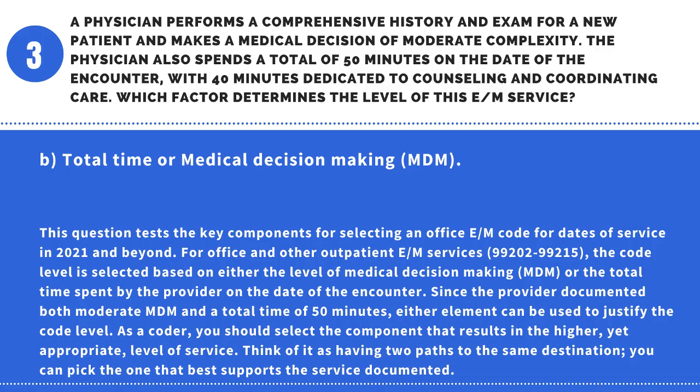Since the provider documented both moderate MDM and a total time of 50 minutes, either element can be used to justify the code level. As a coder, you should select the component that results in the higher, yet appropriate, level of service. Think of it as having two paths to the same destination. You can pick the one that best supports the service documented.